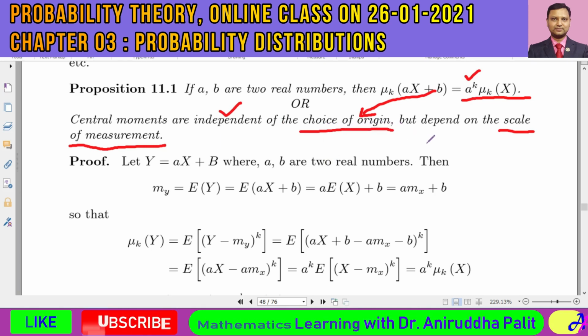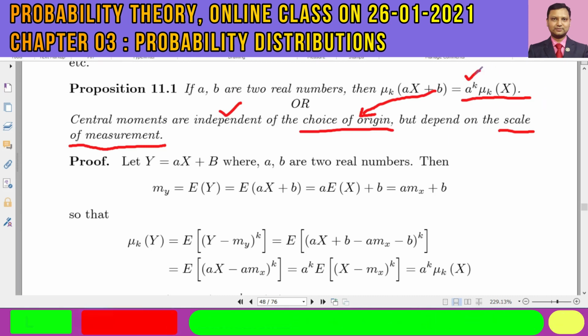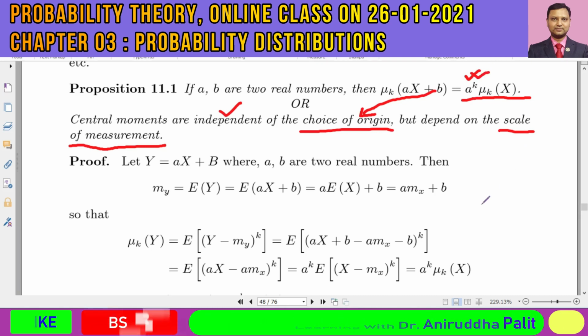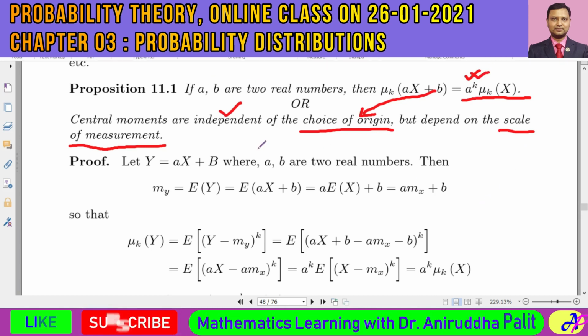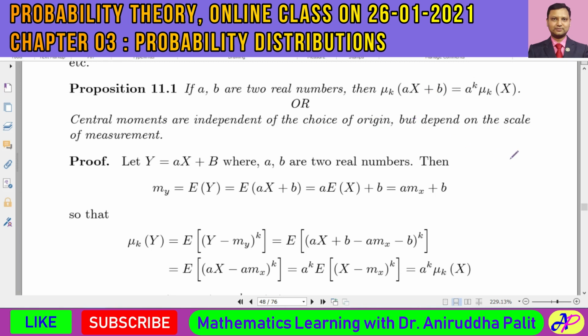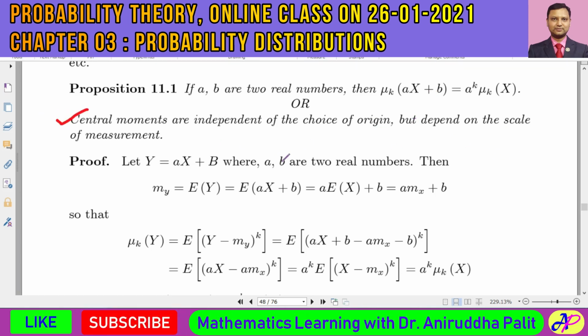So the central moments are independent of the choice of origin, but they depend upon the scale of measurement, that means upon the value of small a. This result can be geometrically interpreted in this way.